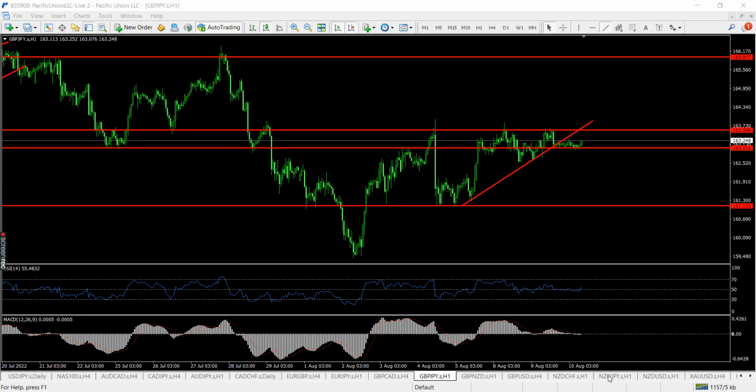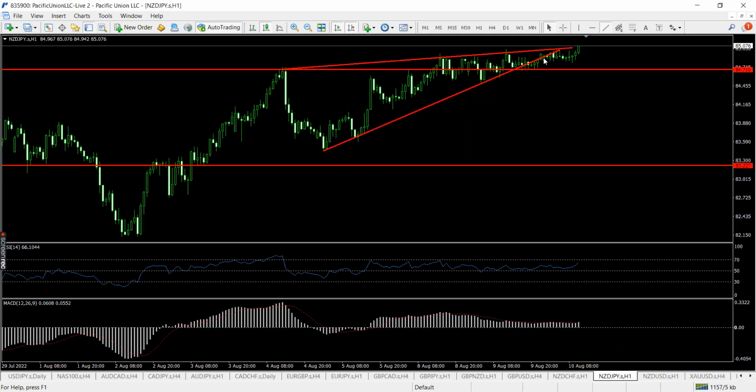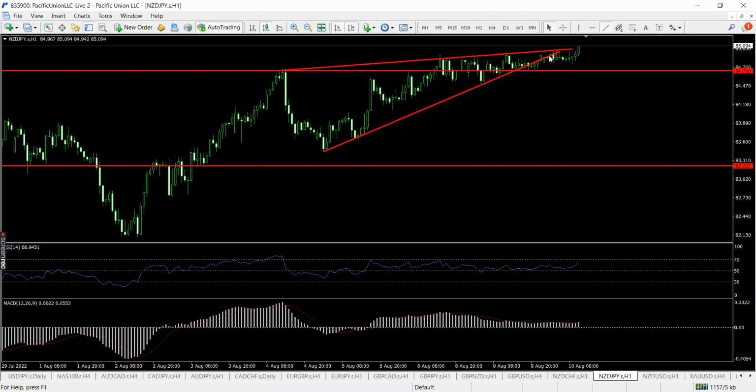Okay, New Zealand JPY. For New Zealand JPY, just like the other JPY pairs, we're still expecting a bearish movement. Now, this is looking really sharp. I mean, this is no longer a rising wedge, but it's looking more like a triangle.